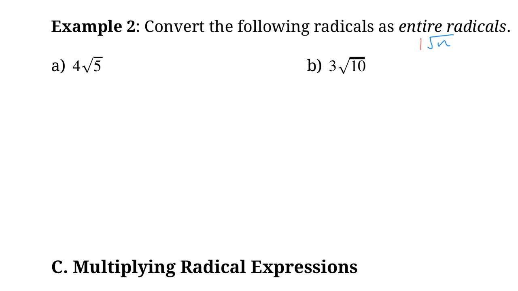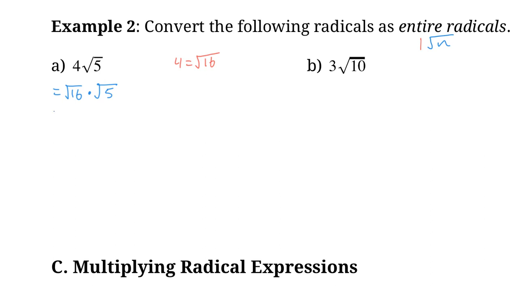So we want to find out something that's equivalent to 4 where we can put that square root symbol. And we know that 4 times 4 is equal to 16, and vice versa. The square root of 16 is equal to 4. So we can actually change that 4, rewrite it as the square root of 16, and that's just going to be multiplied by the square root of 5 because we're not changing that square root of 5.